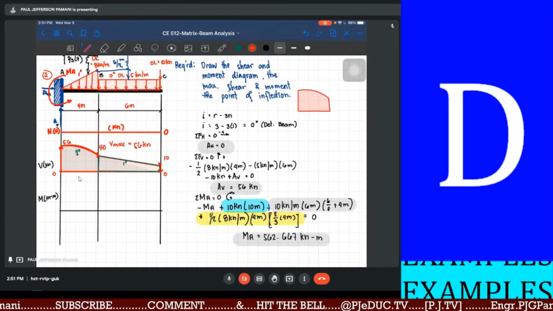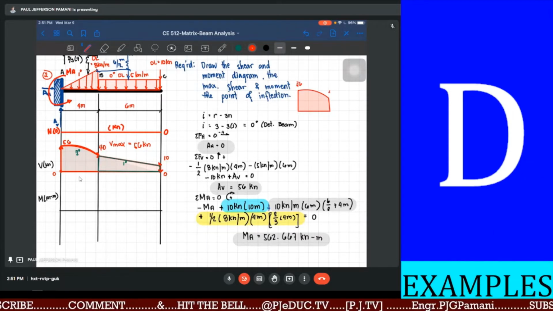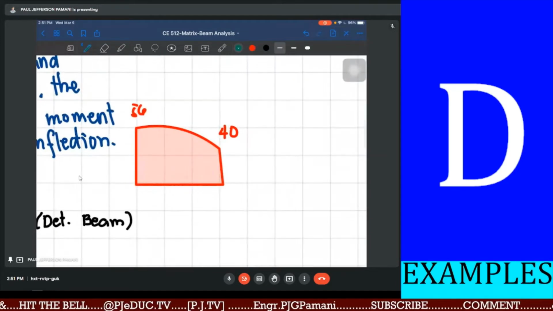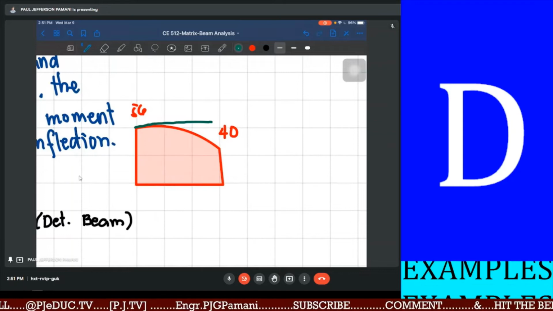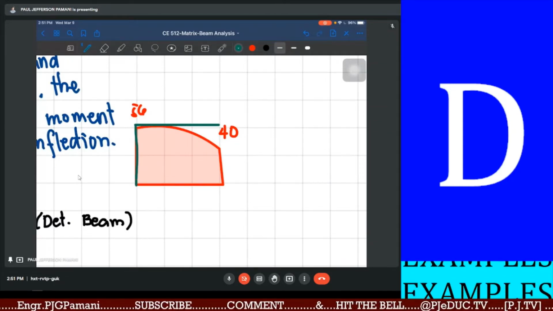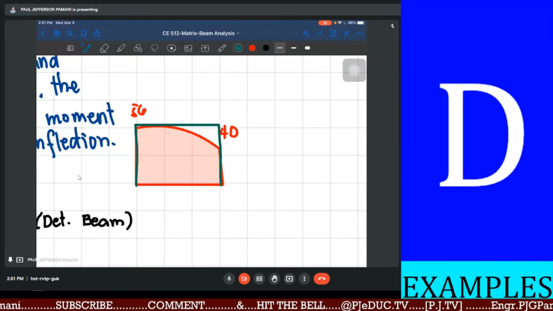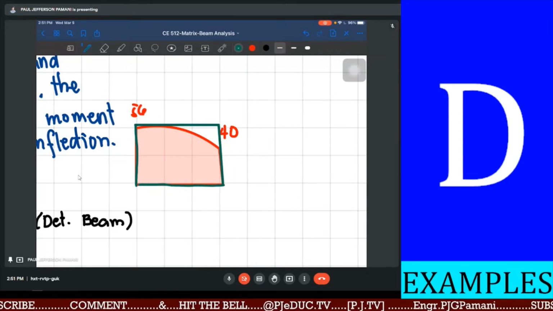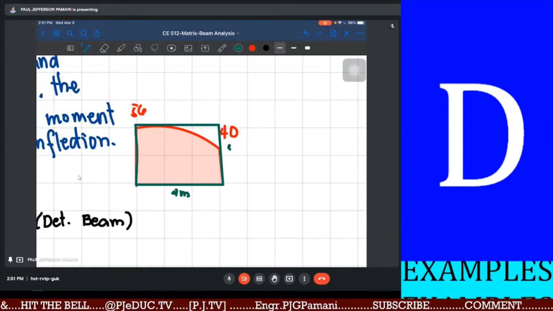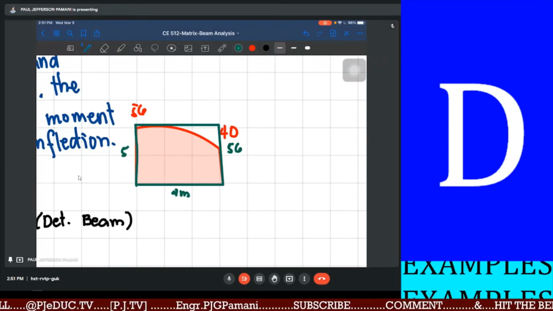Okay. That is 56 and that is 40. Now, if we're going to assume this section as a rectangular section of the same dimensions, and that is 4 meters, this is 56 kilonewton and also 56.